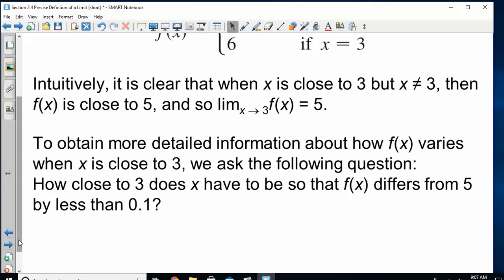And you should be able to get as close as I ask. If it's really approaching 5, if I say I want to be within a tenth of 5, you should be able to give me an x to get there. Or if I want to be within a hundredth of 5, you should be able to provide me with an x to get there. So that's what the formal definition does. It kind of gives a standard for how to make it get as close as possible.